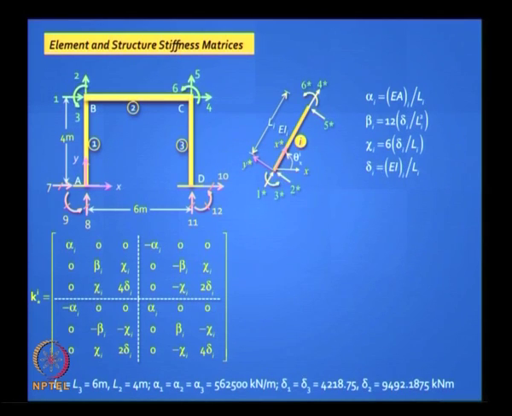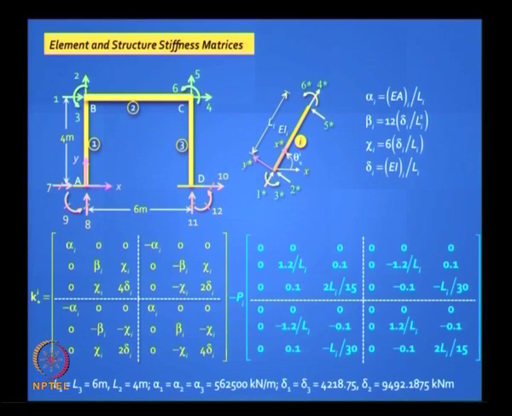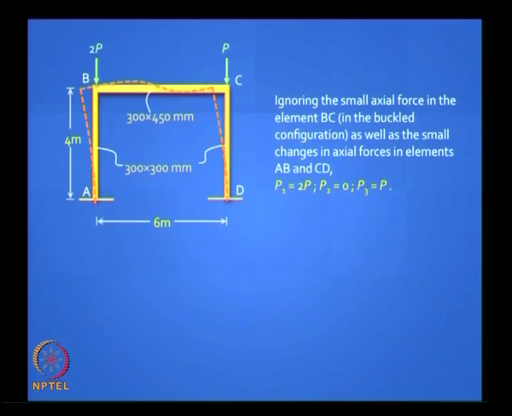Will it have any force at the point of buckling? In the deflected shape you may get some force, right? Okay, this is what you need to do for all the elements, but you have to put in the correct value of P. Now you may get an axial force in BC, but it's very minimal.